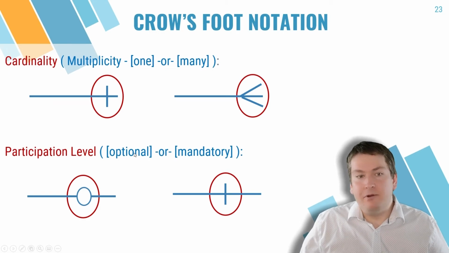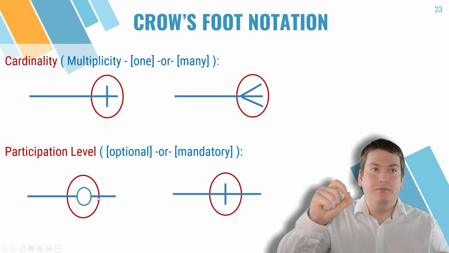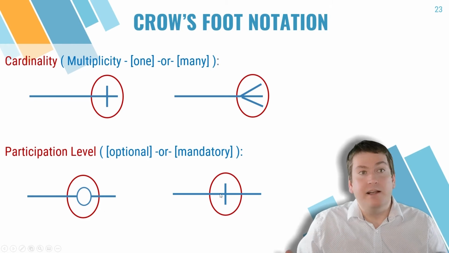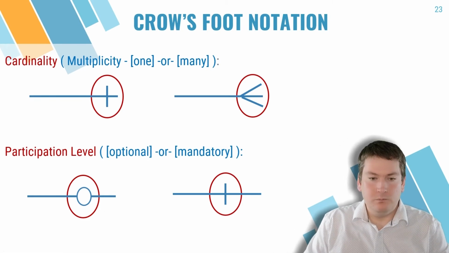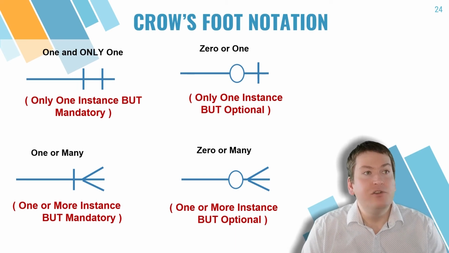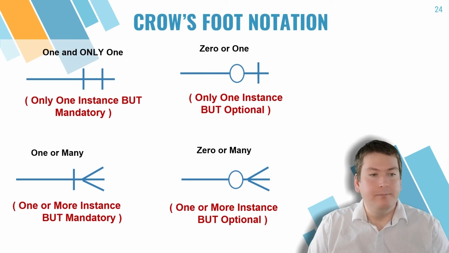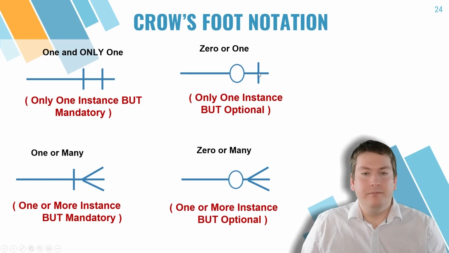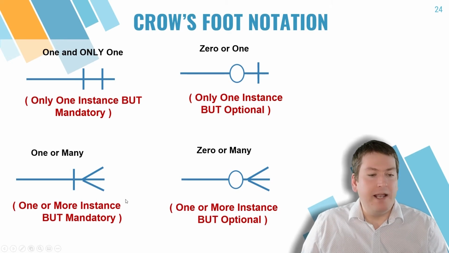So a great way to remember that is optional is 0, sort of like a circle, and mandatory you can think of as a 1. When we put these together, you'll get two symbols on each side of the line. So for example, this means 1 and only 1, 2 lines. This would be 0 or 1. This would be one or many, and this would be zero or many.